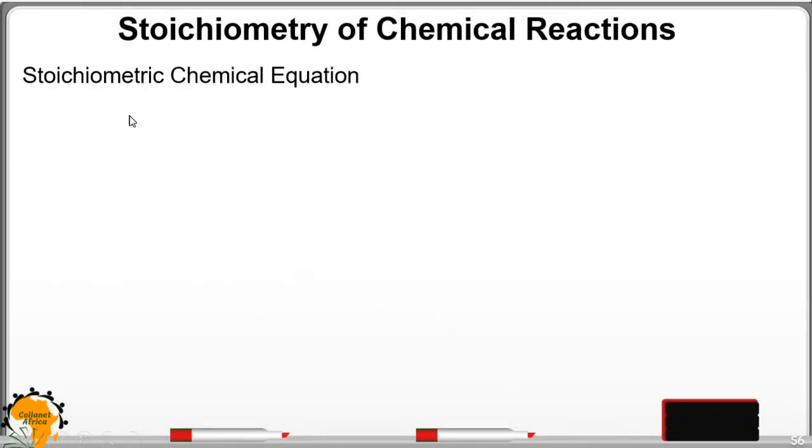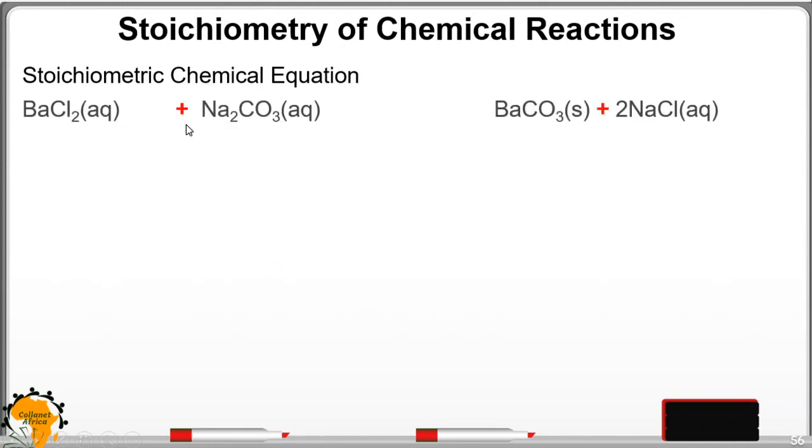So in that type of reaction, if the stoichiometric chemical equation is given, or it's done this way: barium chloride, barium has a valency of 2, chlorine 1, so that's the formula of barium chloride. Sodium carbonate, sodium has a valency of 1, carbonate radical has a valency of 2, so they interchange to form that. Then the products will be barium carbonate and sodium chloride.